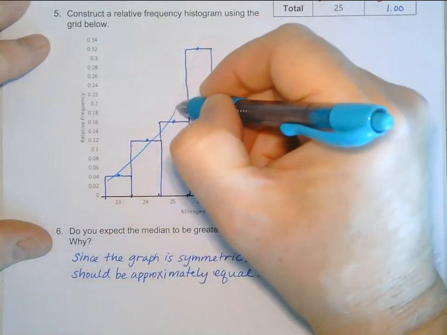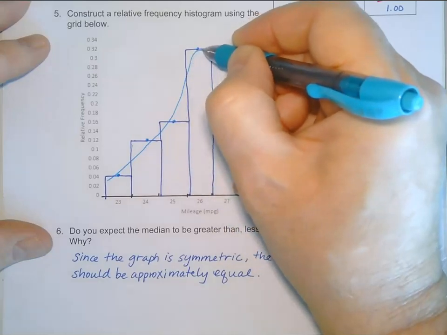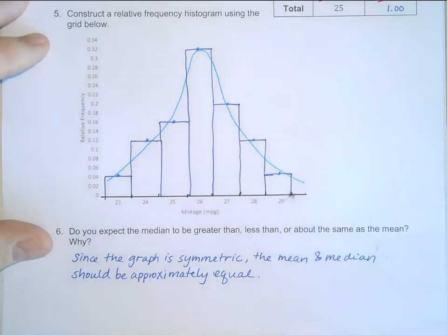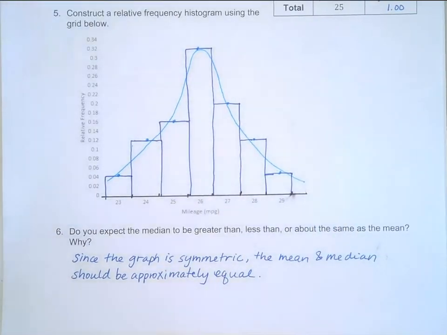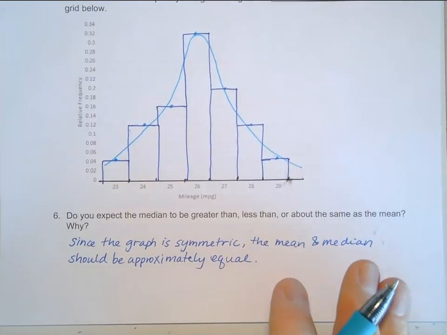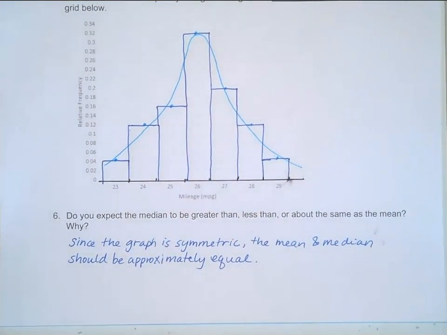Not necessarily going through all of them. Goes up, back down. Do you get the idea? They didn't say it had to go through, but it's close to it, right?